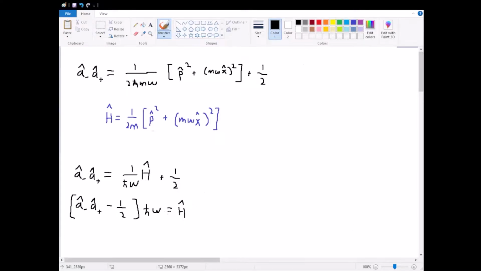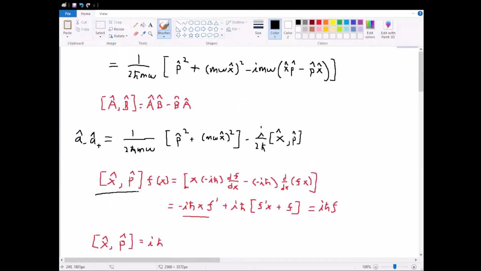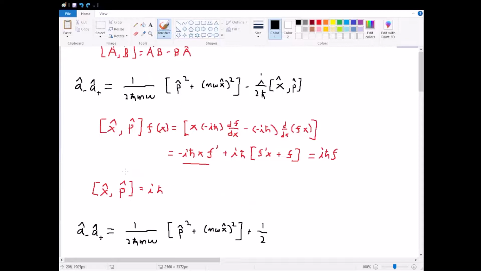Another really important thing that I want to note is that the order in which we multiply a hat minus and a hat plus matters, because we originally stated that in general operators don't necessarily commute, and since a hat minus and a hat plus are both made up of operators, they are themselves also operators.